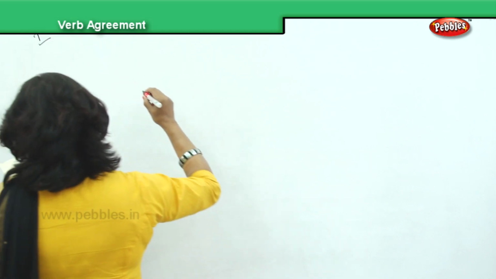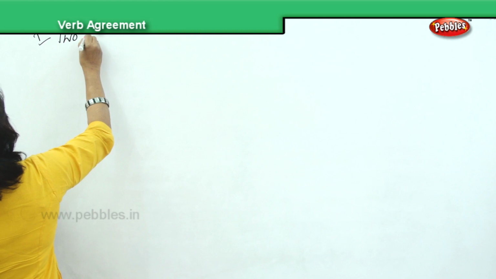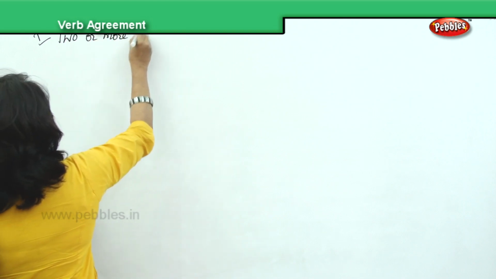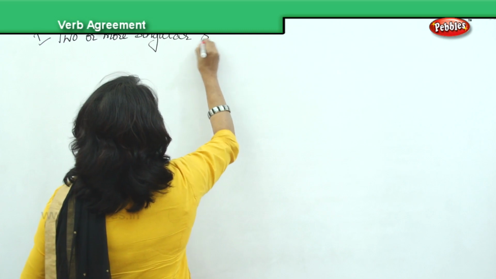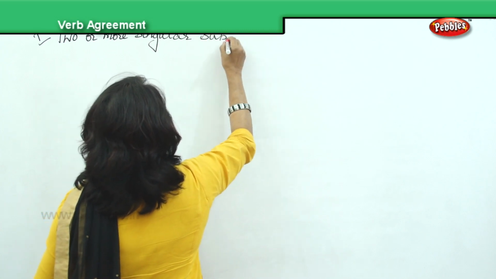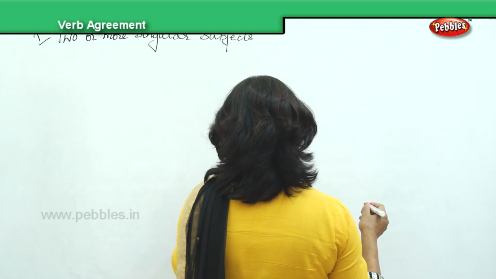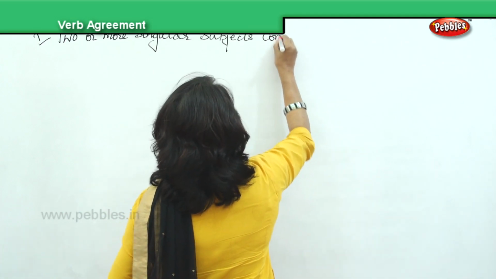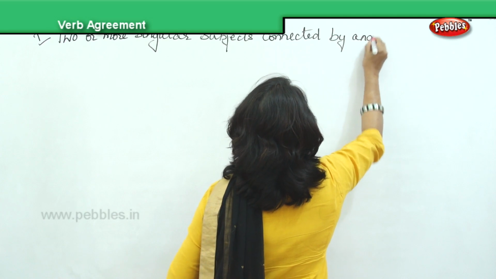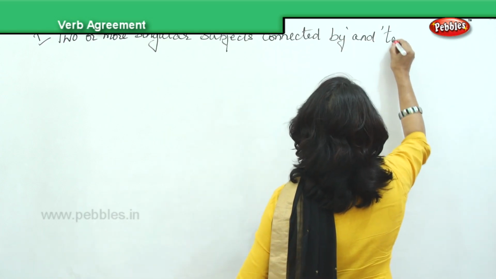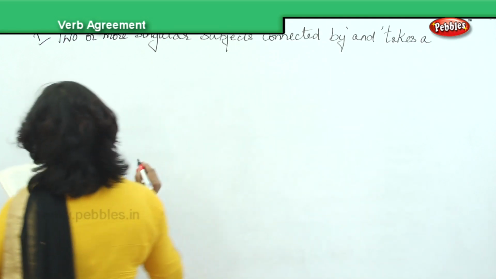Rule number 1. Two or more singular subjects connected by and takes a verb in the plural.